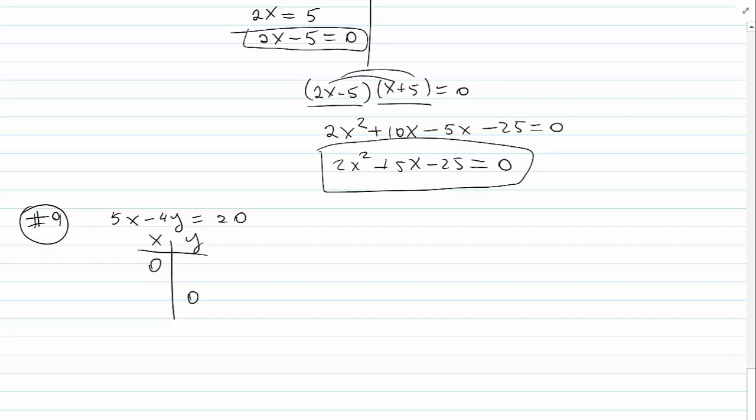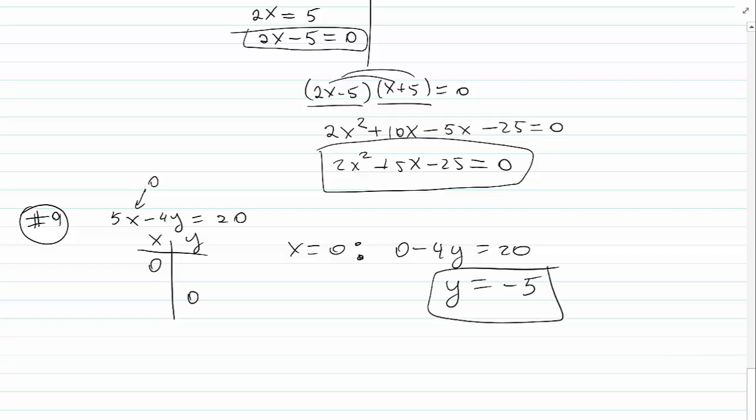So when x equals 0, you get 0 minus 4y equals 20. So y is negative 5. And then we make y equal to 0, so you get 5x equals 20. So x equals 4.